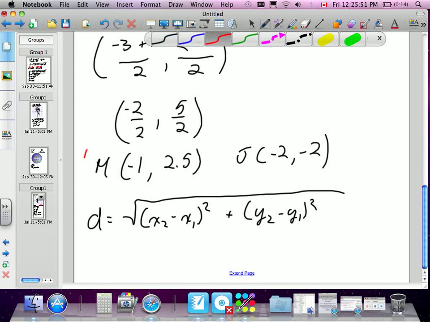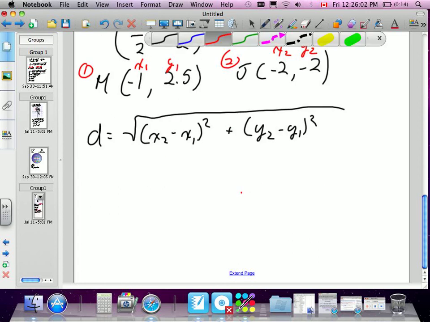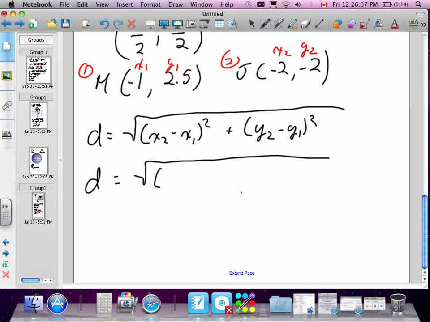So x1, y1, x2, y2. And we're going to plug these points in. Our distance was equal to the root of x2, which is negative 2, subtract x1, which is negative 1, so we're subtracting negative 1, squared, plus y2, which is negative 2, minus y1, which is 2.5, squared.